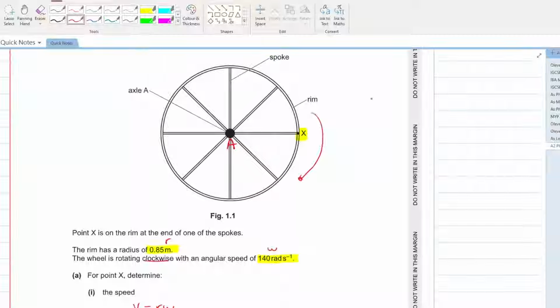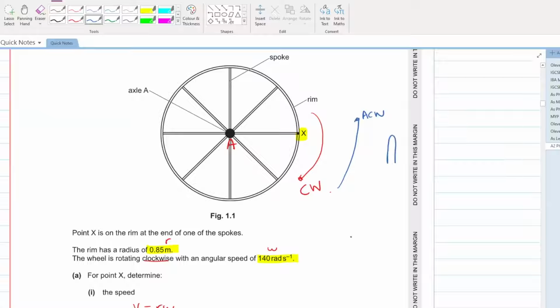Induced EMF is being caused by this clockwise motion. What will be the opposite of this clockwise? Anti-clockwise motion. So basically your direction of force will be upward. Perfect. Your direction of force is upward.